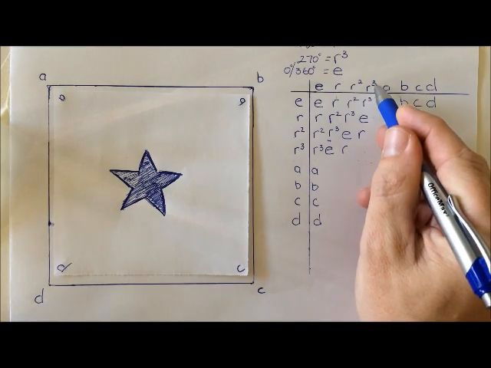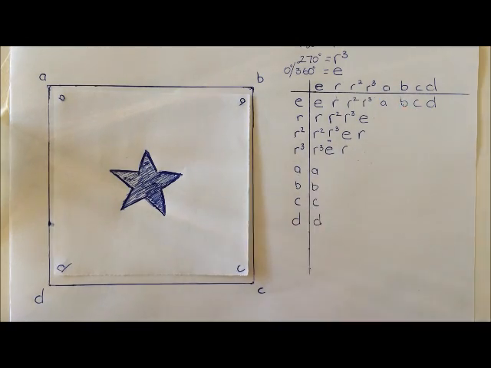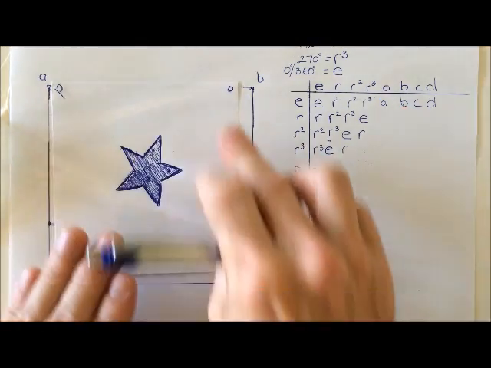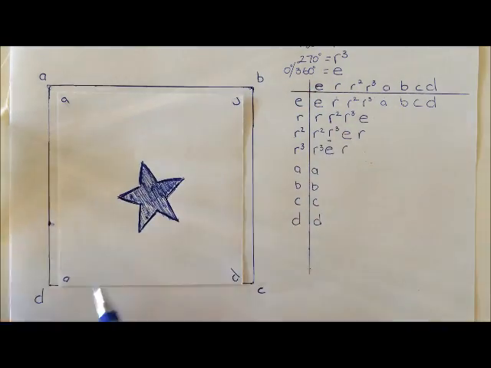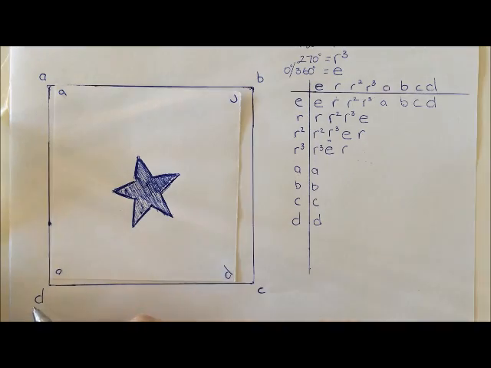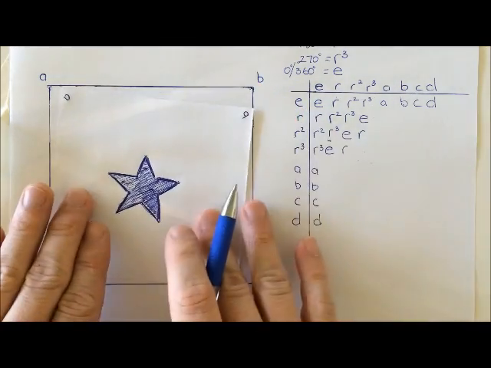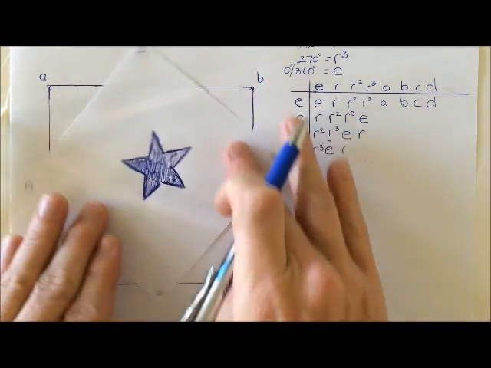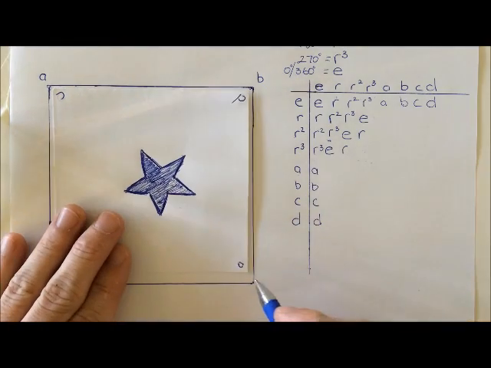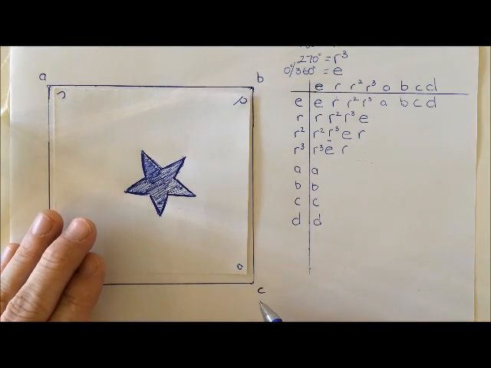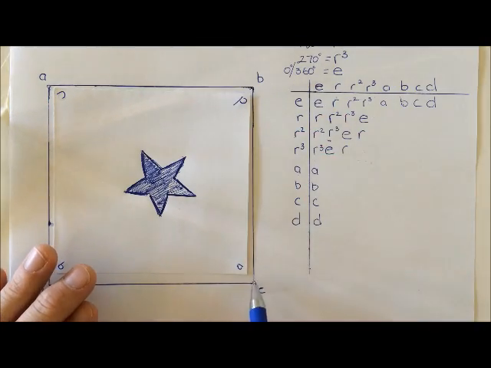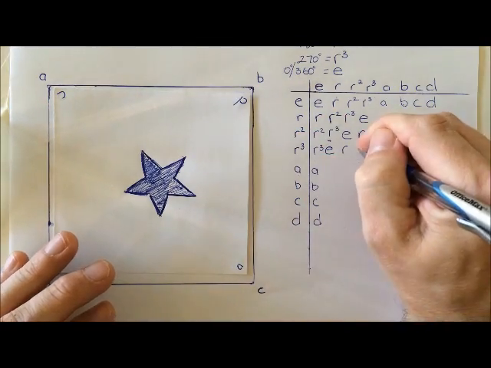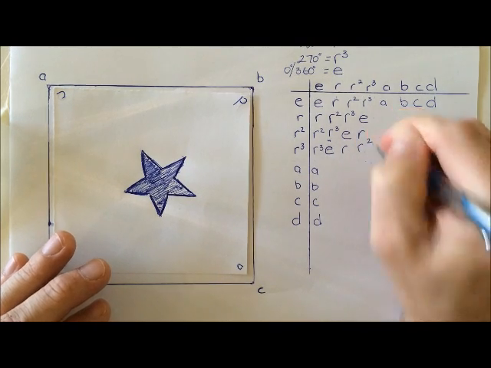We're going to go 3 rotations and then a further 3 rotations. 1, 2, 3 rotations. So A is now down here, and a further 3. 1, 2, 3. A is now, relative to its starting position, 2 rotations away from where it started, or R squared.